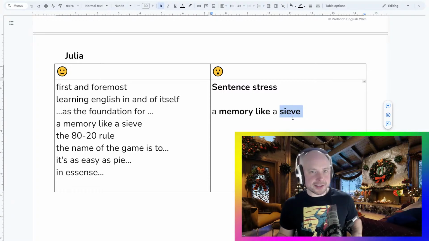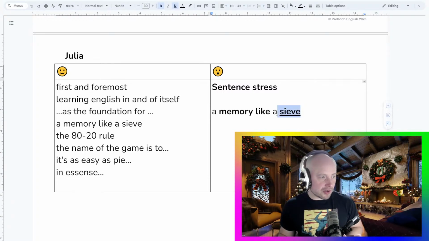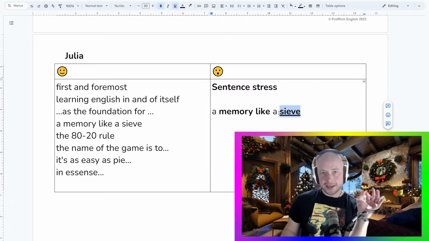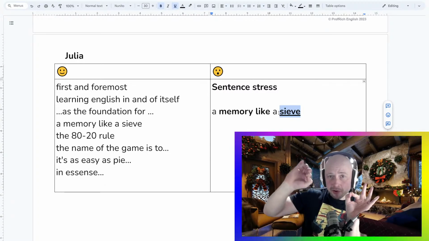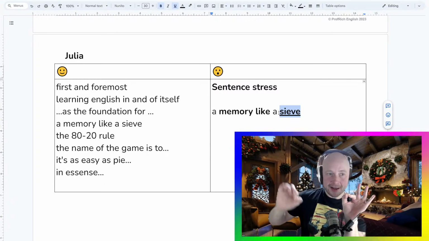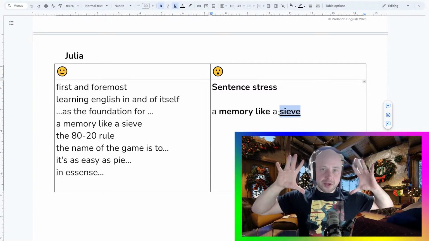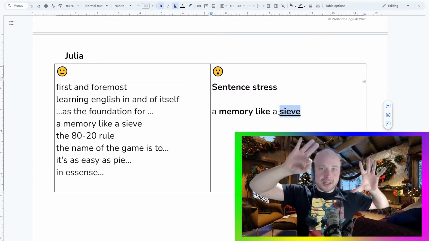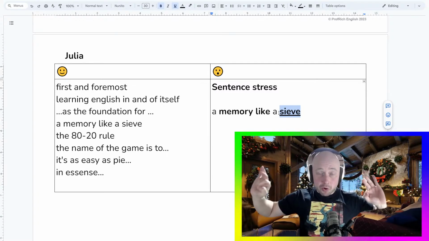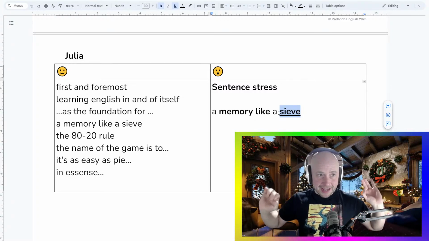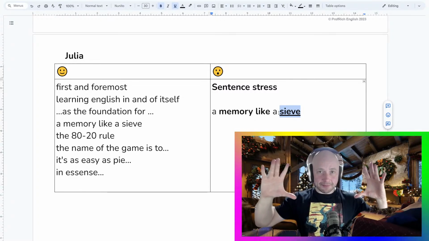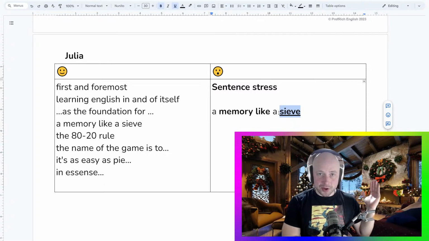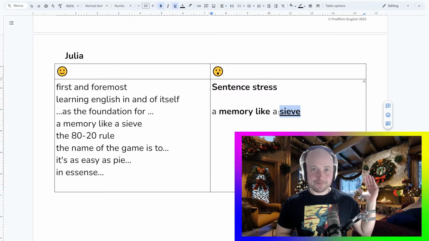A memory like a sieve. And actually, the strongest thing you could do is look at phrases and highlight the most important word in each phrase, and then go through a whole script and underline the most important word in every sentence. And then try to say the whole script, stressing that word the most. Right?